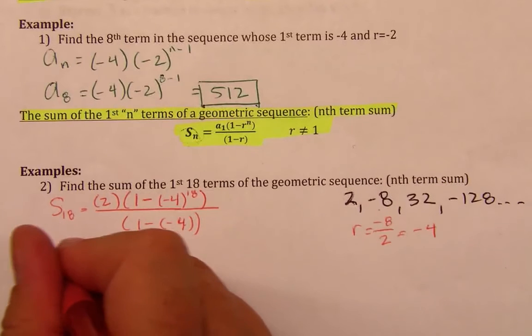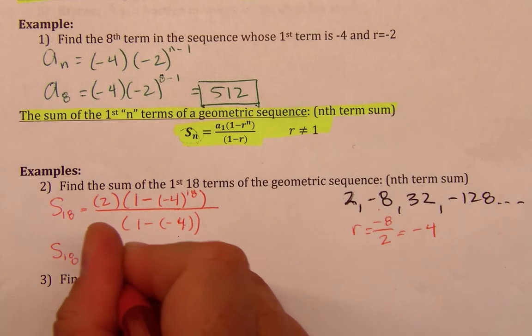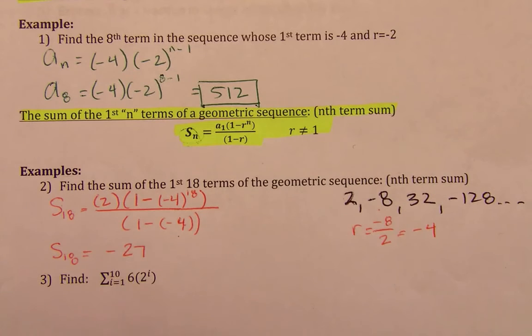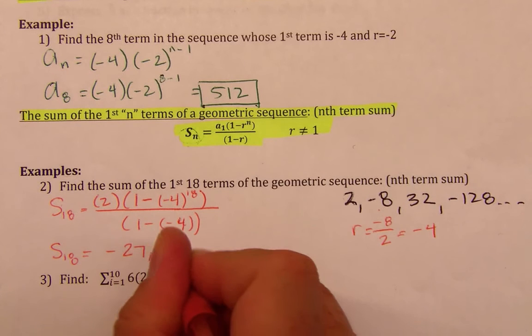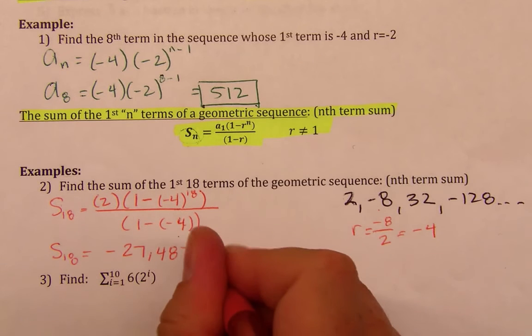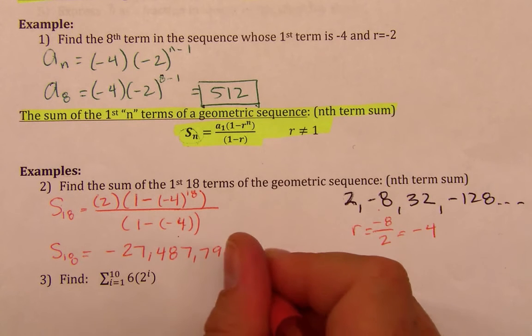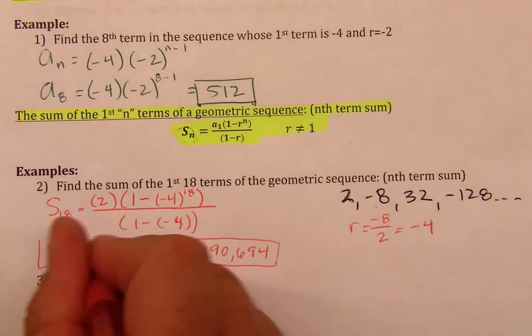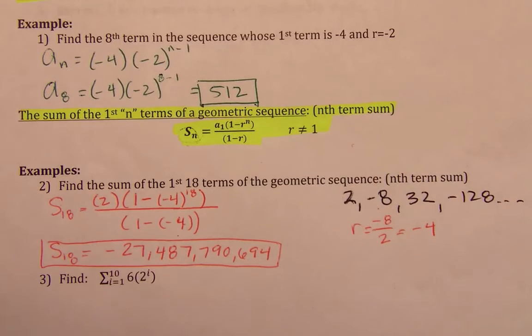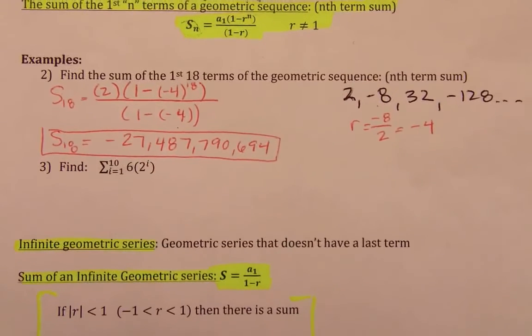You probably won't guess how big, but it's actually going to be -27 trillion, or I'm sorry, billion, 790,694. Very, very large number. And you'll notice that geometric sequences grow much faster than arithmetic sequences.